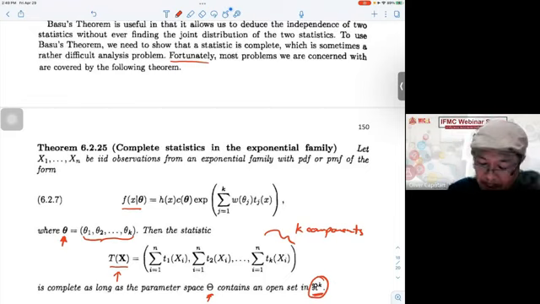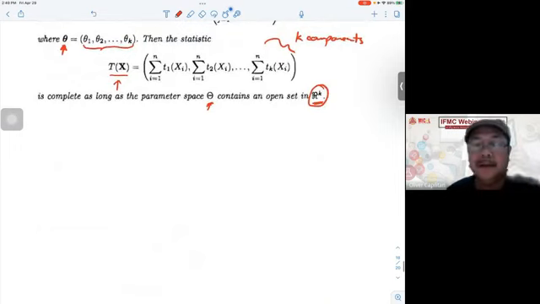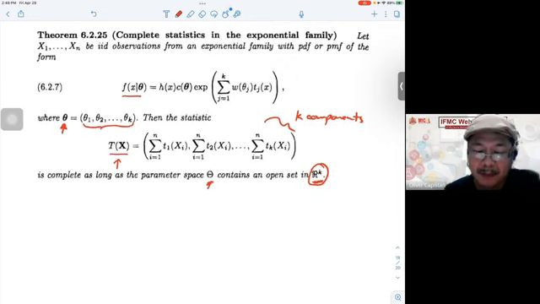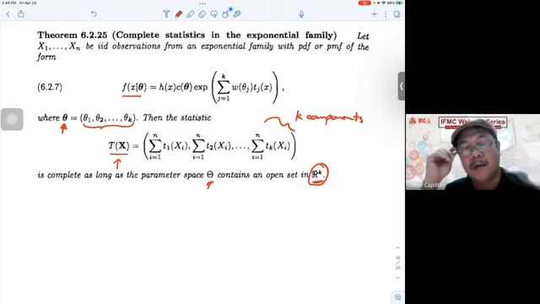Yung book, wala siyang binigay na example. Diretso na kaagad siya sa problem in which we're going to use the Basu's theorem as well as this theorem, Theorem 6.2.25 and the Basu's theorem. Pero let's have an illustration to this theorem.